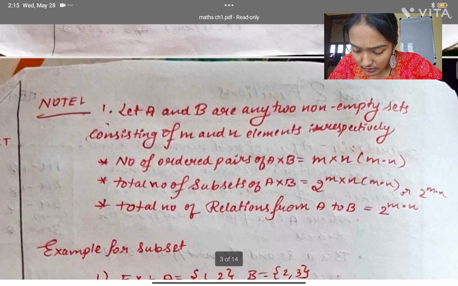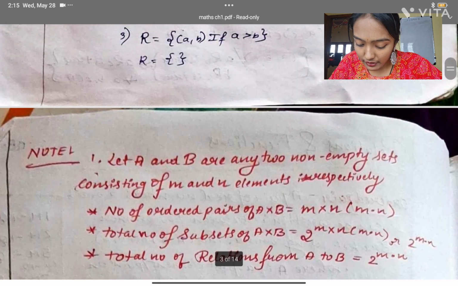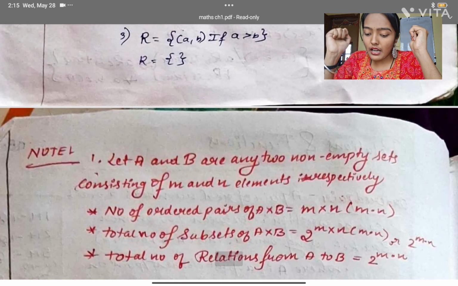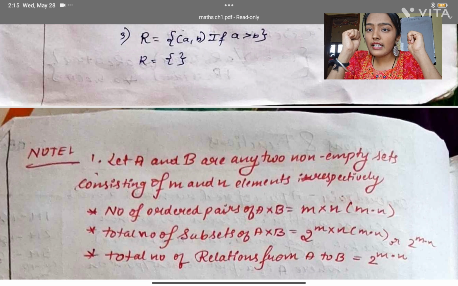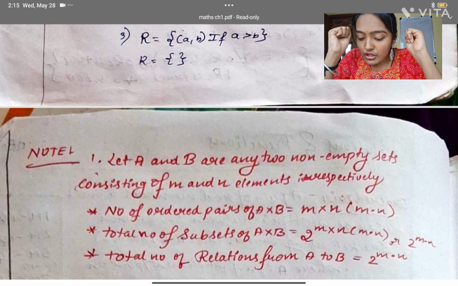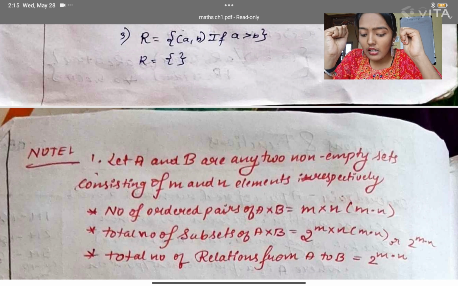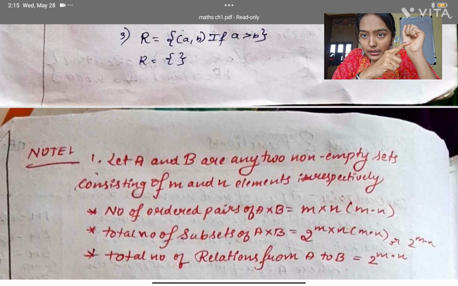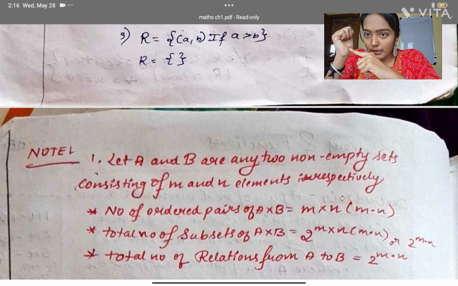So m cross n are what? Elements of A and B. See, read that first line. A and B are two non-empty sets, means they have something, consisting of m and n elements respectively. M and n: A has m number of elements, B has n number of elements.